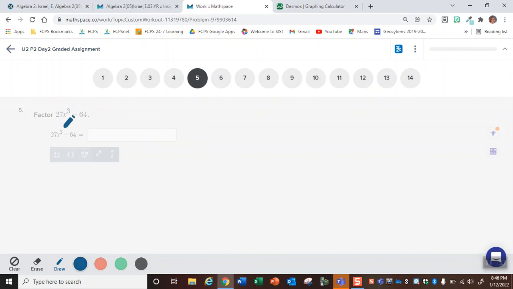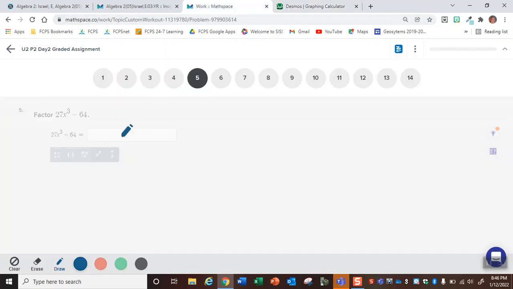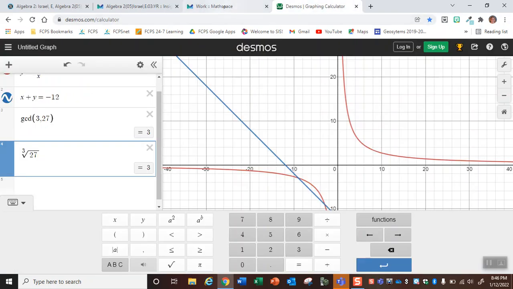Right? So you might have one that's a little more complicated, but the same idea. You've got a perfect cube and a perfect cube. So I'm going to go to Desmos, and I'm going to take the cubed root of 27. So that's a perfect cube. All right, so the cubed root of 27 is 3.